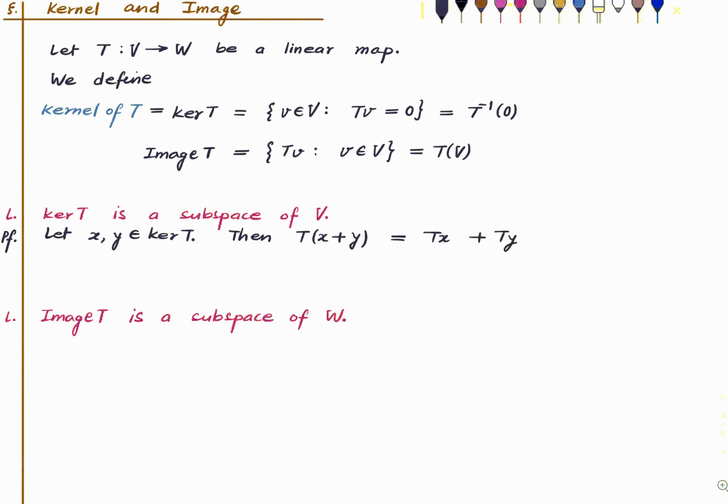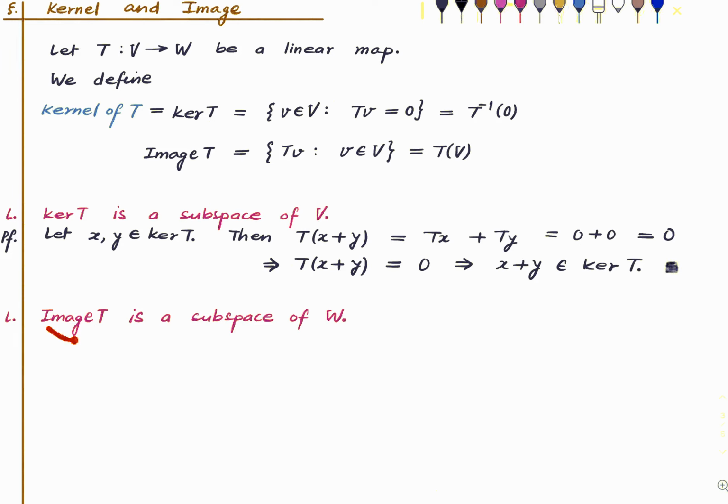But since x and y are in the kernel, T(x) and T(y) are 0. So this is 0 plus 0, which is 0. Which implies, basically this is the upshot, that T(x plus y) is 0, which implies x plus y is in the kernel. So this shows closure under addition. Similarly, you can show closure under scaling. And that finishes the proof.